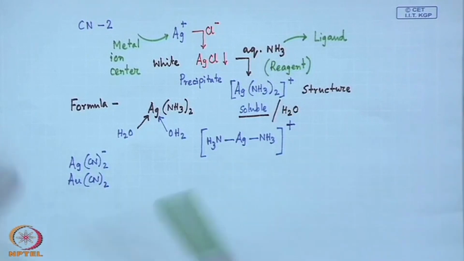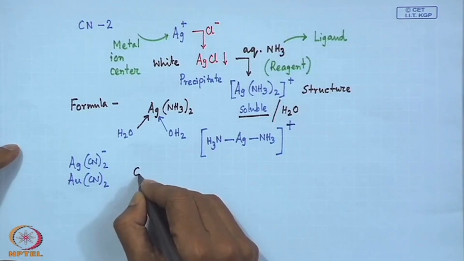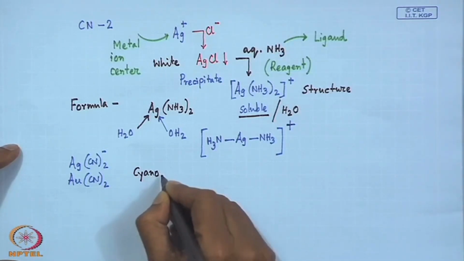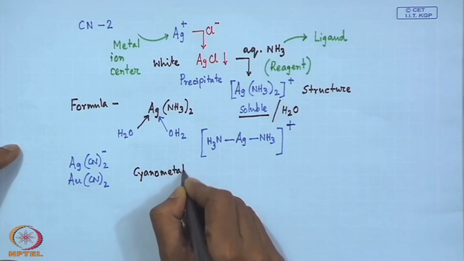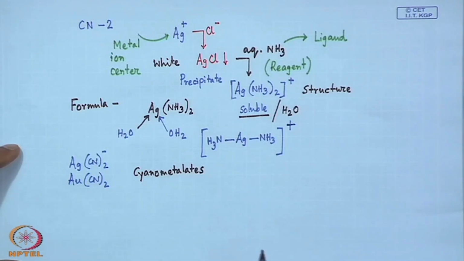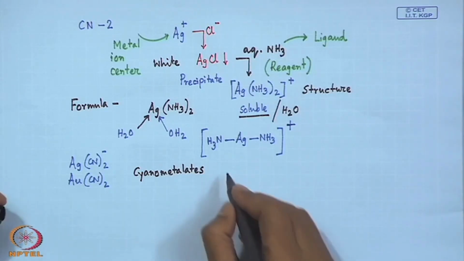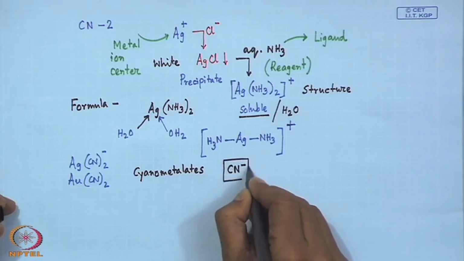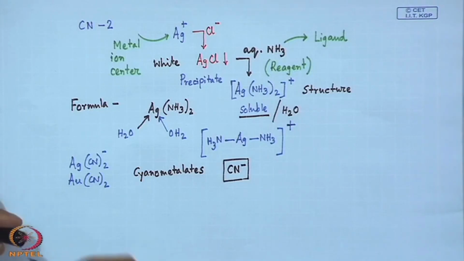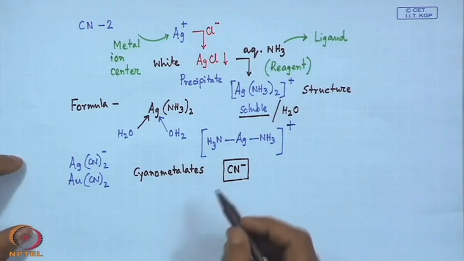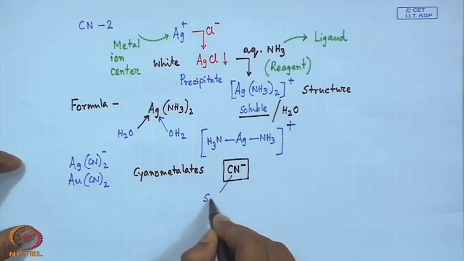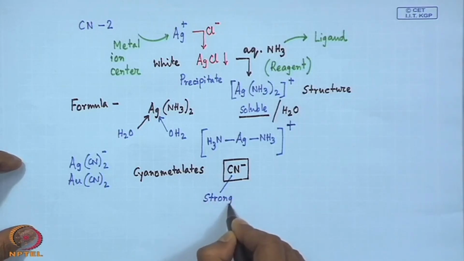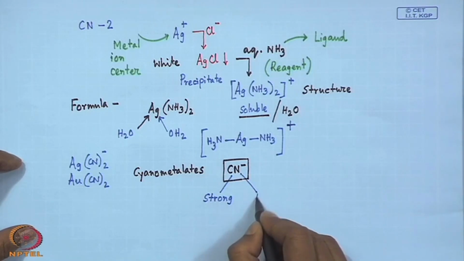So, cyanometalates are a general group of molecules, and these cyanometalates provide us complexes where CN minus is the ligand. CN minus is a very good nucleophile and a very strong ligand.